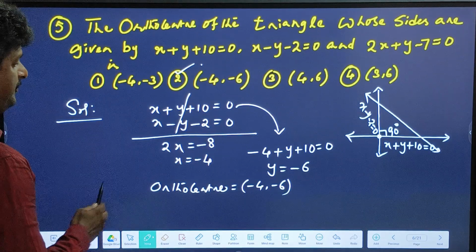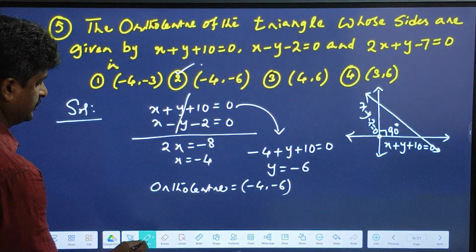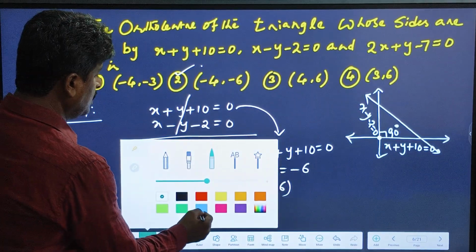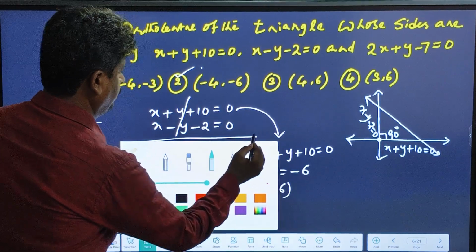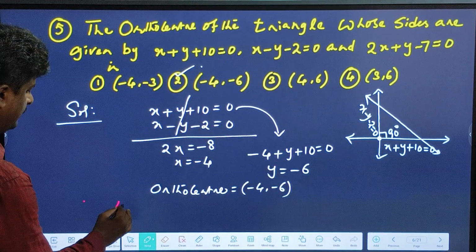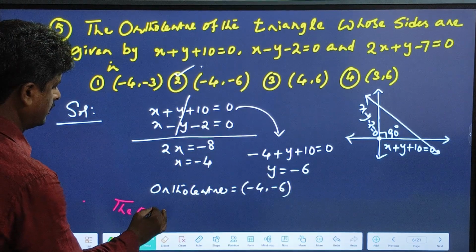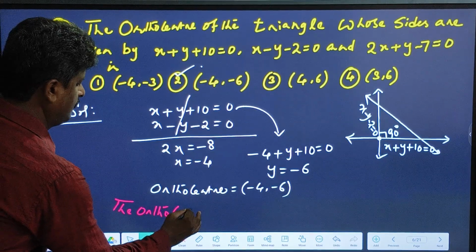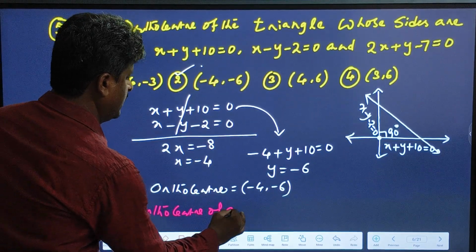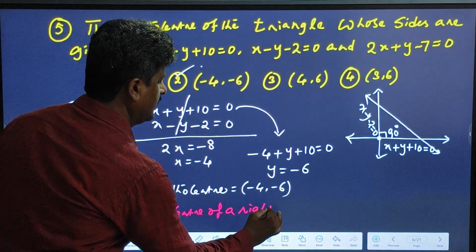Here we have used the orthocenter of a right angled triangle.